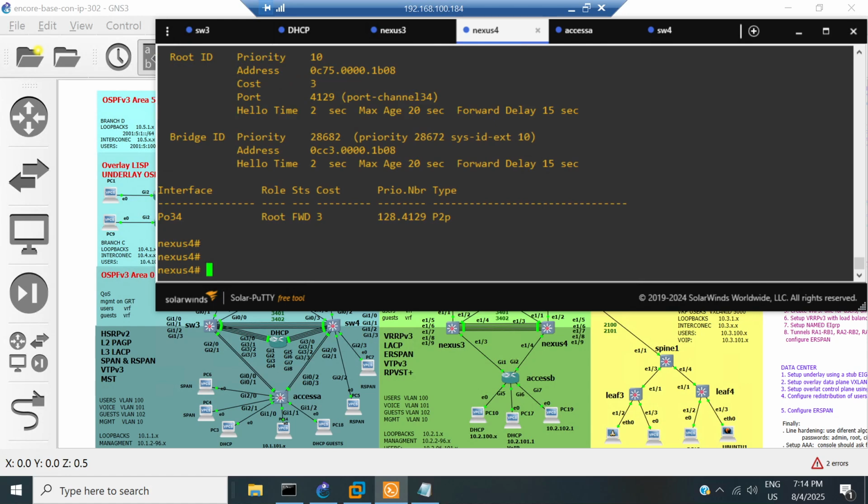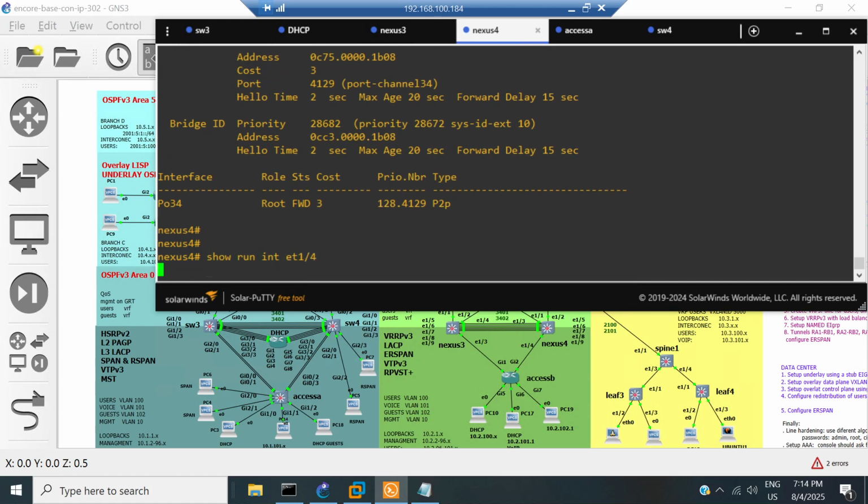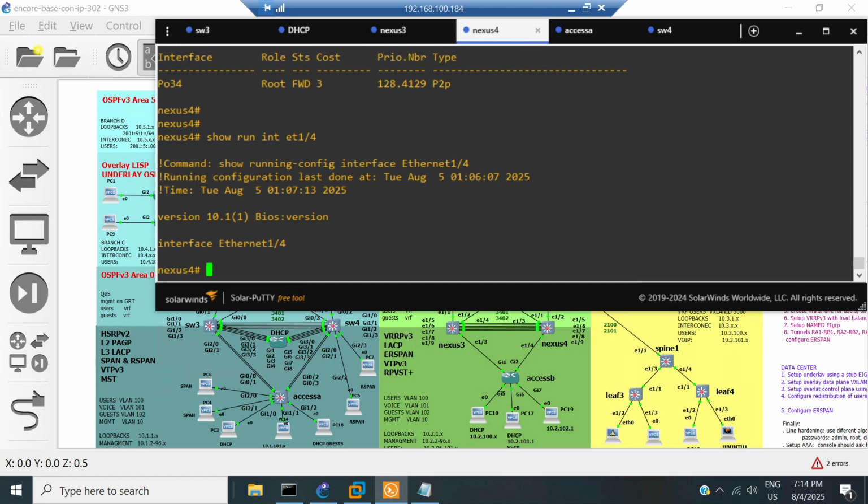I should see another port here, Ethernet 1.4. Ethernet 1.4 is not configured yet.